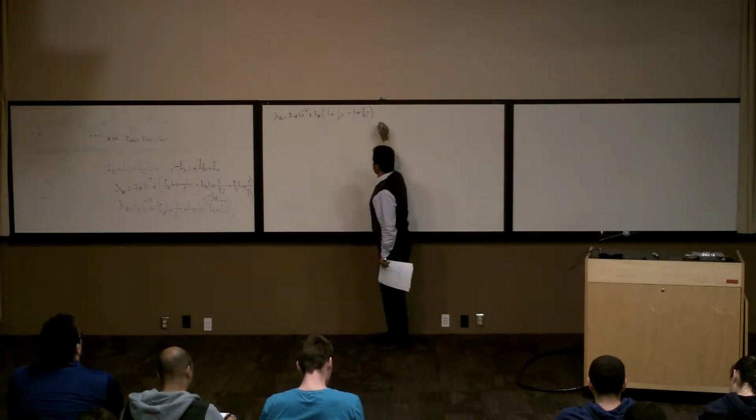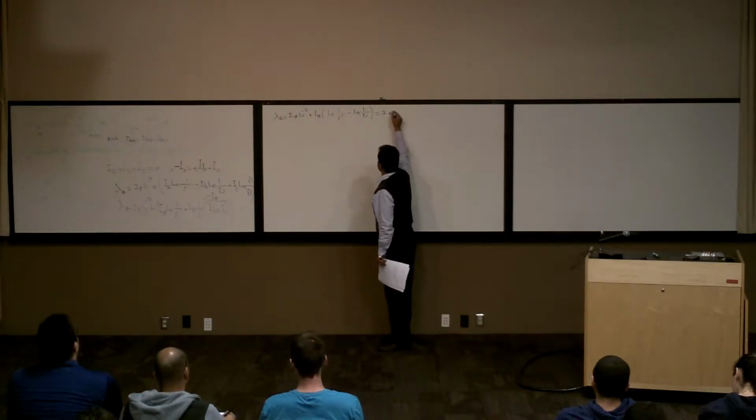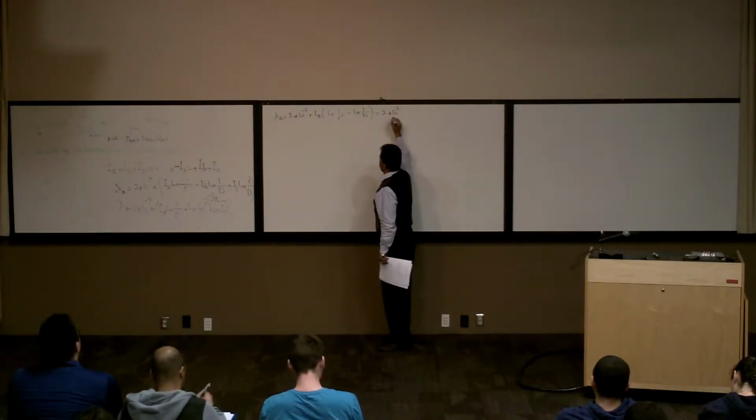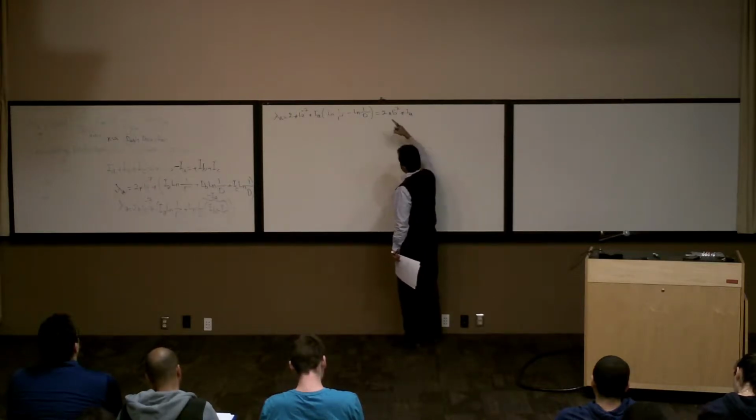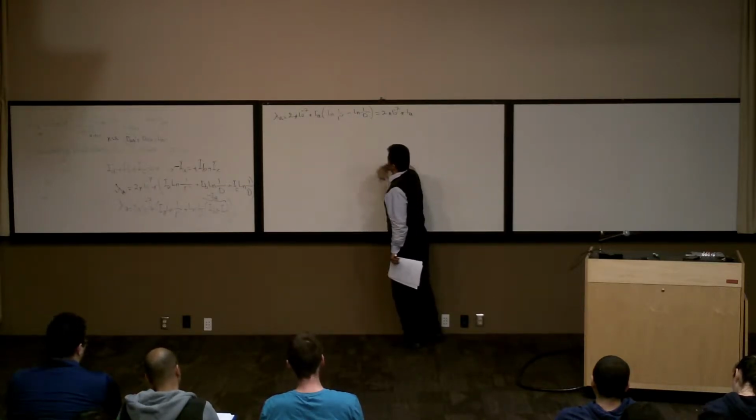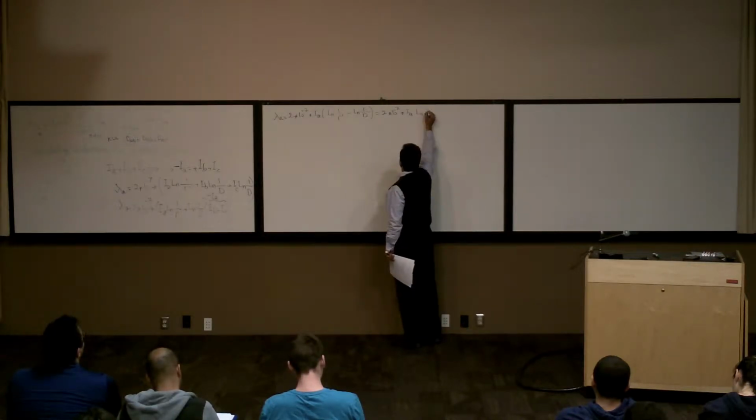So this one is going to be 2 times 10 to the power of minus 7 times IA. It's going to be this one divided by this one, which is ln of d over R prime.